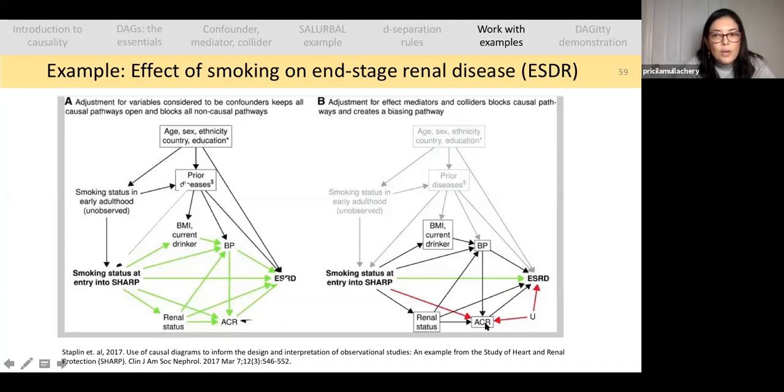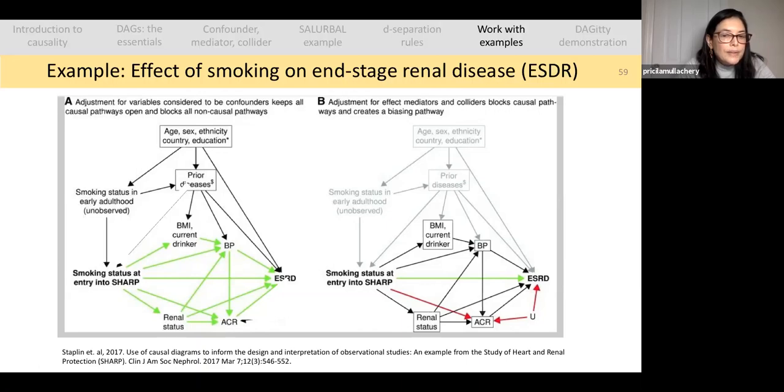So in this case, this is like our Z variable. This is at the same time a mediator in this path, and a collider on this path. Because we adjusted for it, now we have a biased model, and so we no longer can identify the effect of smoking on end-stage renal disease. So the previous model is actually the correct one. You're not supposed to adjust for ACR.